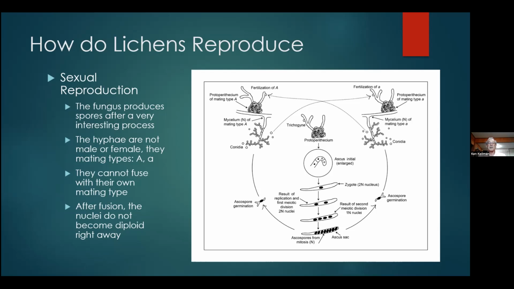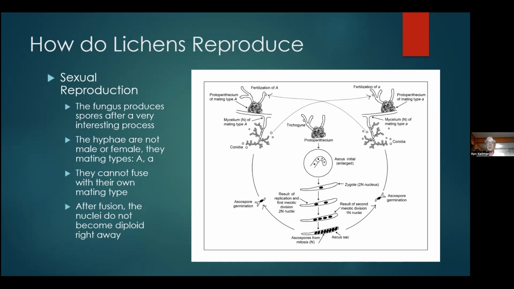Either two of these fungal strands, which are called hyphae, can meet and conjoin, and they'll form a cell that has two nuclei in it. That's one method. Another method is that asexual spores can be formed, and they can land on this little thing called a trichogyne.